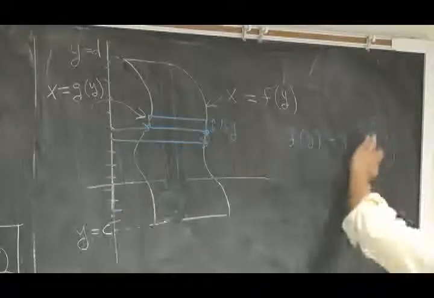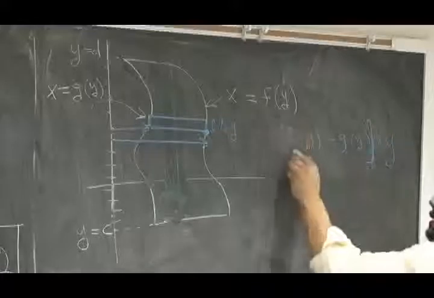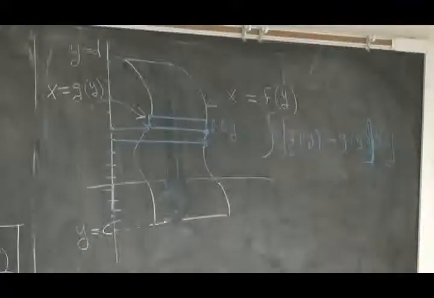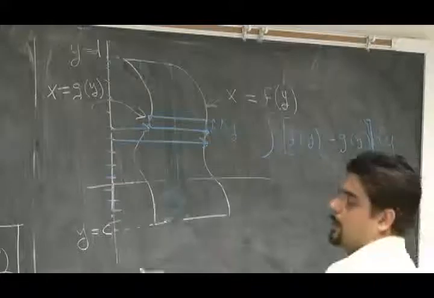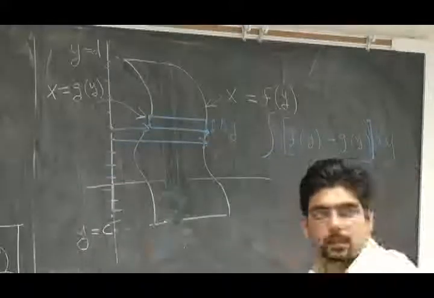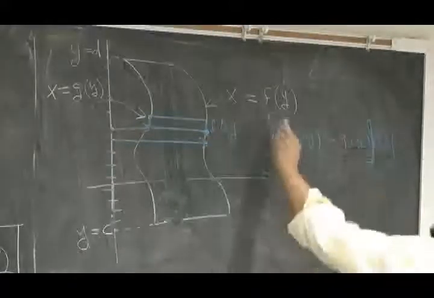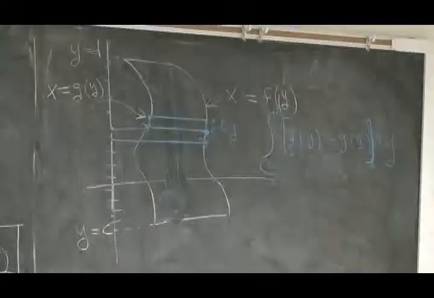So I won't develop the theory again. It's exactly the same thing. I have an integral in y now. And my interval of integration is in y, on the y-axis. And what's the lowest value? C to D. Okay?